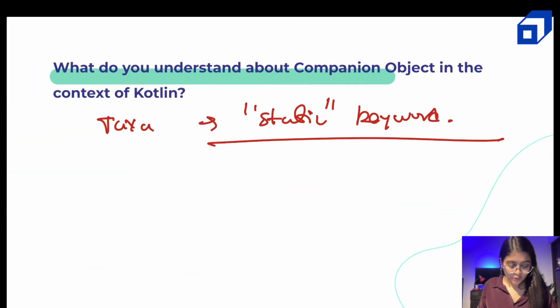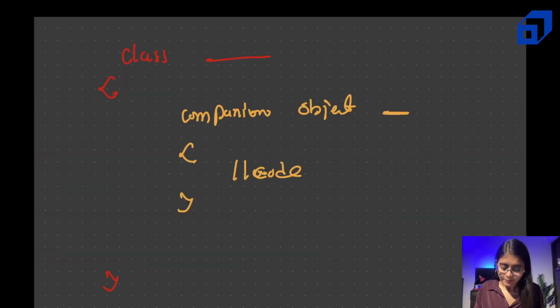So companion object, in short, is playing the role of the static keyword here in Kotlin. A static we used to have in Java. If you know Java, you would know the static keyword. Perfect.